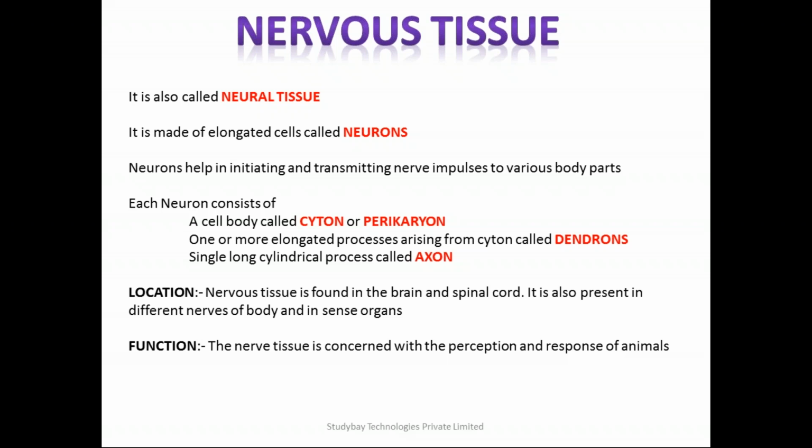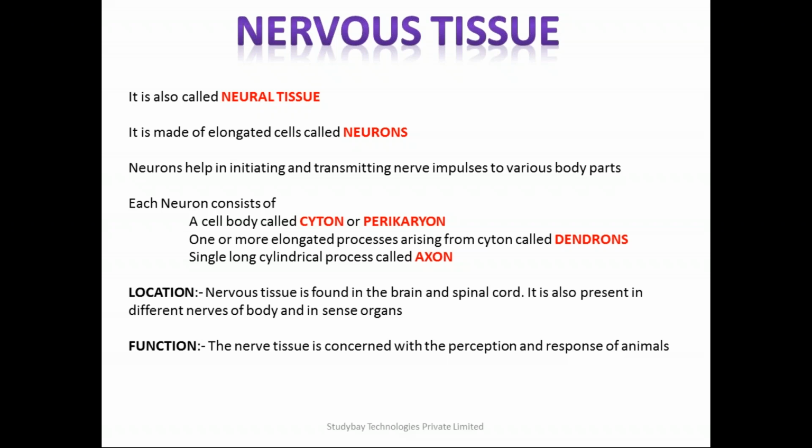Now each neuron consists of a cell body called cyton or perikaryon. One or more elongated processes arising from the cyton are called dendrons, and the single long cylindrical process is called the axon.